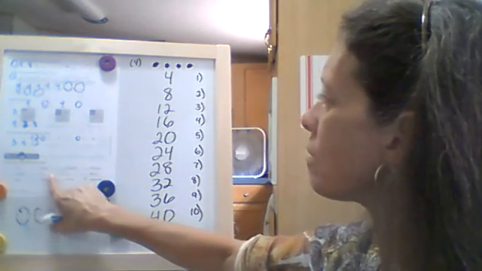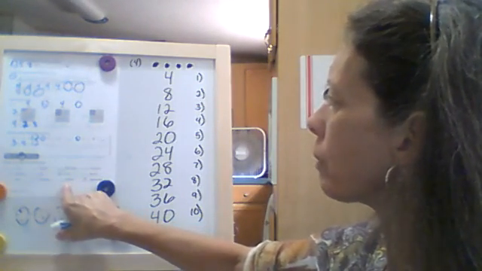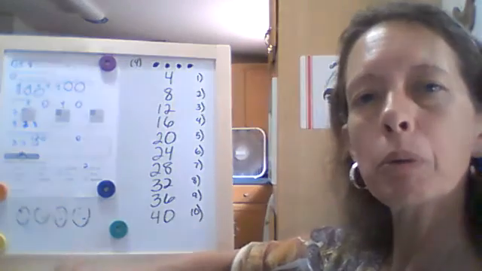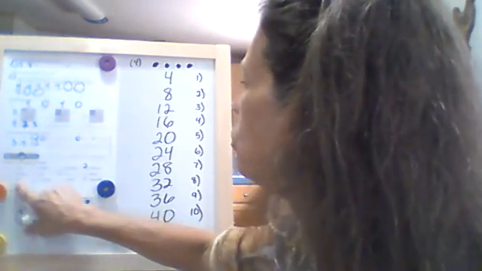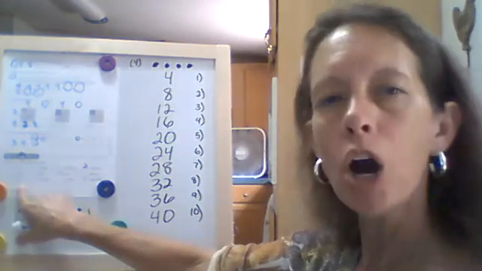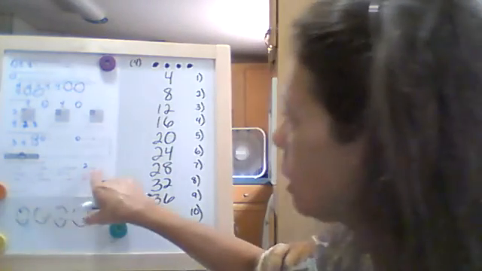February, there it is, 2. January, February, March. March is 3. March starts with M-A-R and ends with ch. There it is. 3. Finish that up for me.